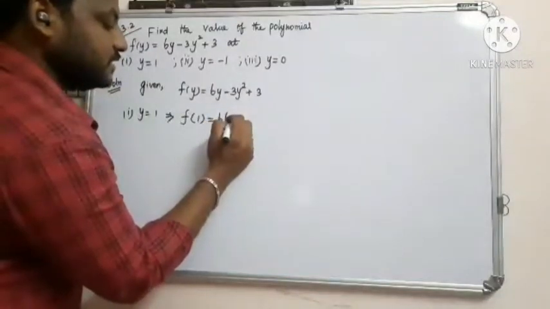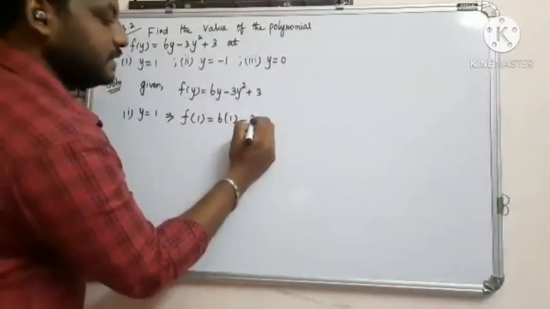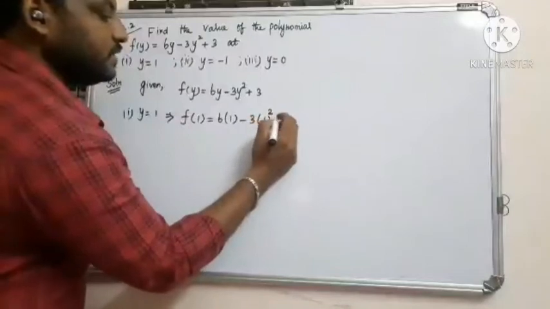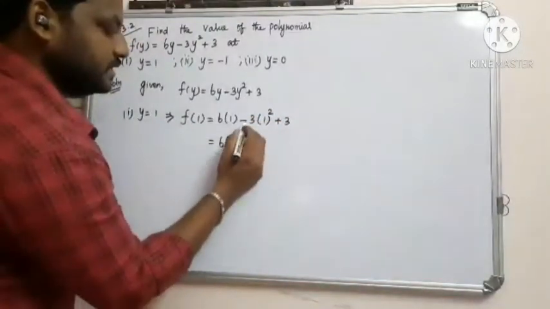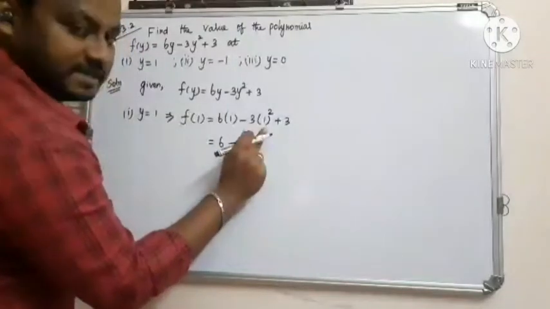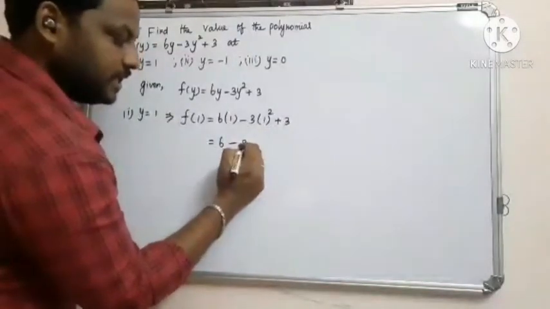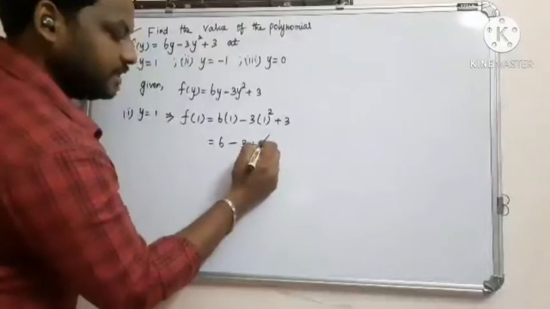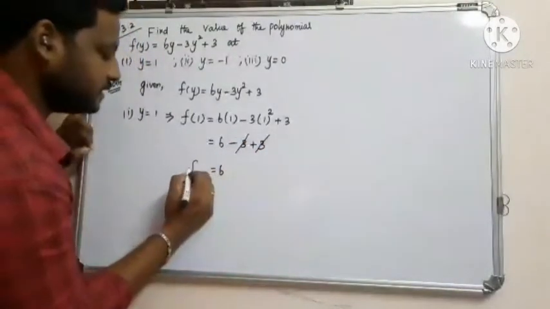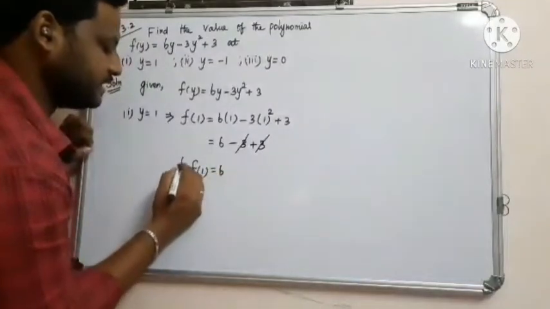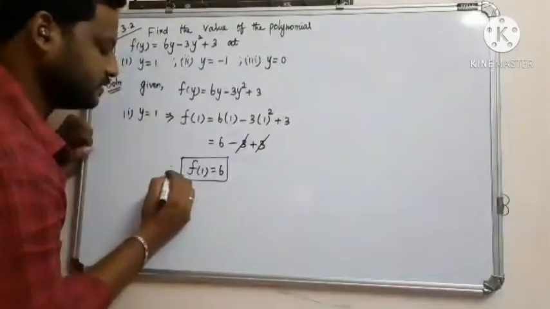So that is 6 into 1 minus 3 into 1 square plus 3. So 6 ones are 6, minus 3 into 1 square, which is 1. So 3 into 1, 3, plus 3. Plus 3 minus 3 will be cancelled, which is equal to 6. So f of 1 value is equal to 6.